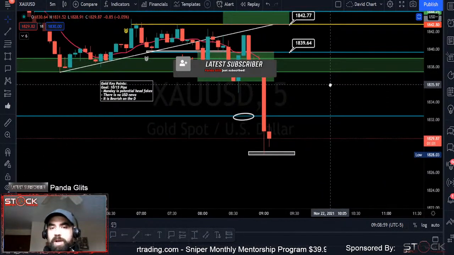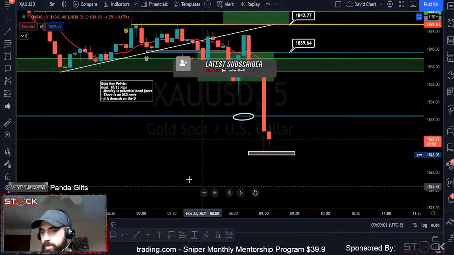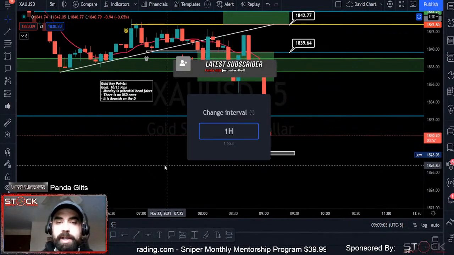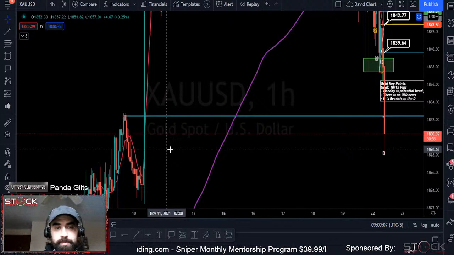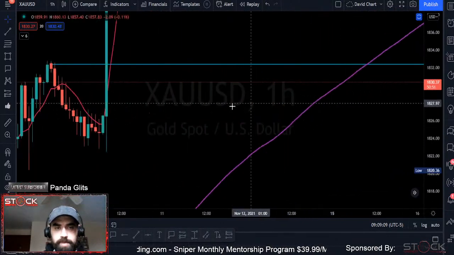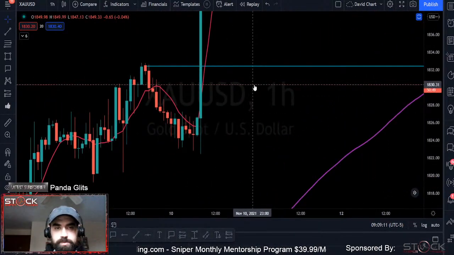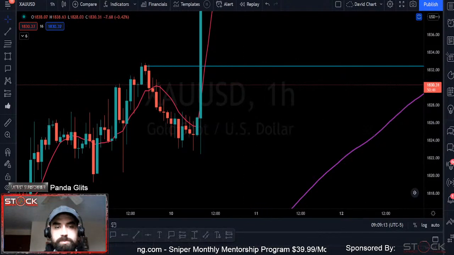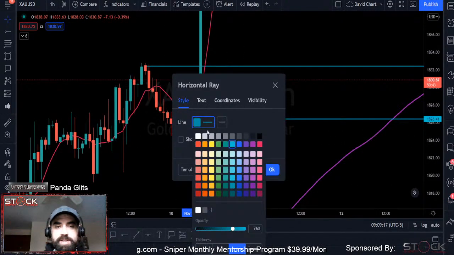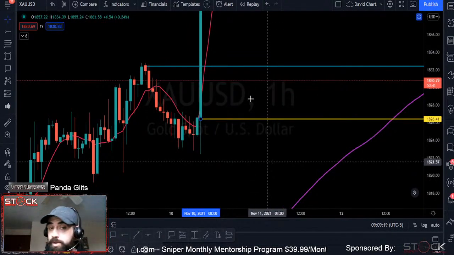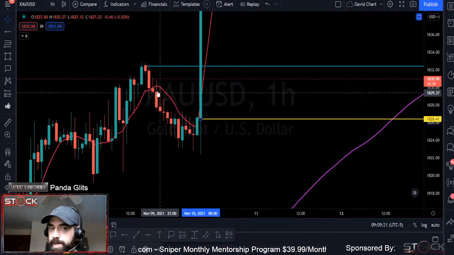All right, I just want to watch. I'm going to go to the higher time frame. If we don't have anything below, you have to go to higher time frame and look. This is hourly, so we need to make this yellow. Higher time frame.